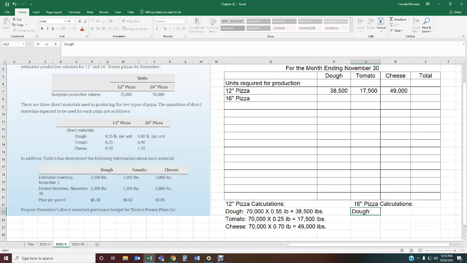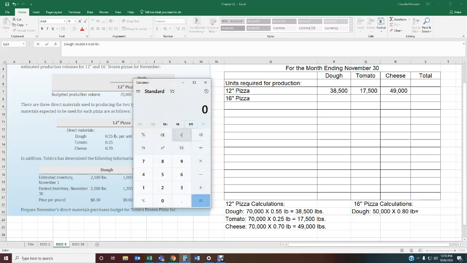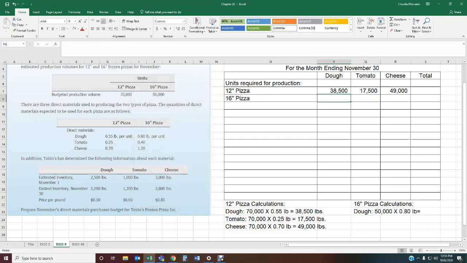We're going to make 50,000 pizzas, and for every pizza I need 0.80 pounds of dough. So 50,000 16-inch pizzas times 0.80 pounds of dough is going to give me 40,000 pounds.